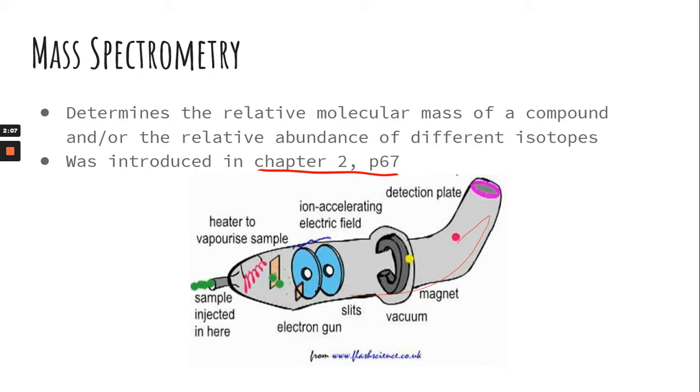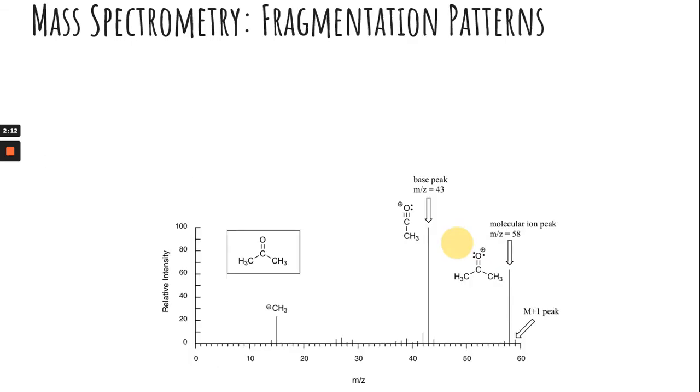Now though, we're going to look at putting a compound in there, not just a single atom or a single element. So mass spectrometry can have fragmented patterns. You have to ionize it, so it removes an electron. So all of our fragments should have that positive charge.